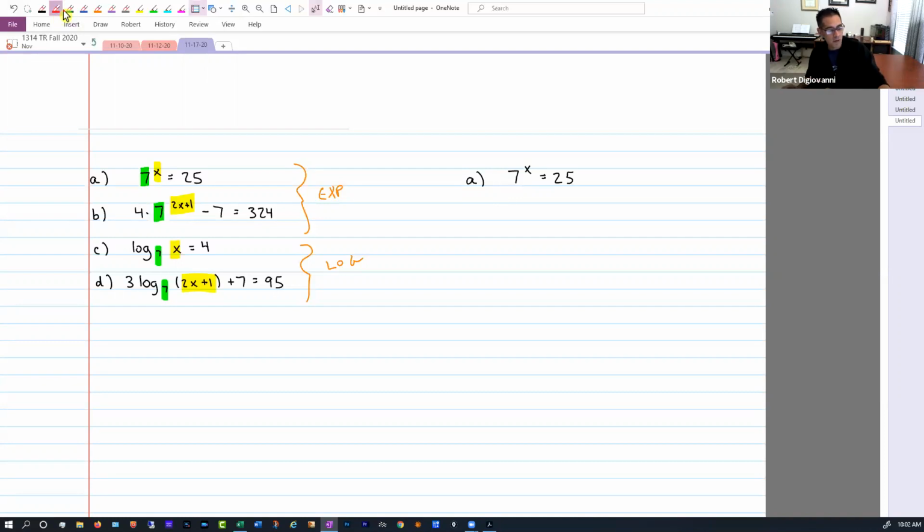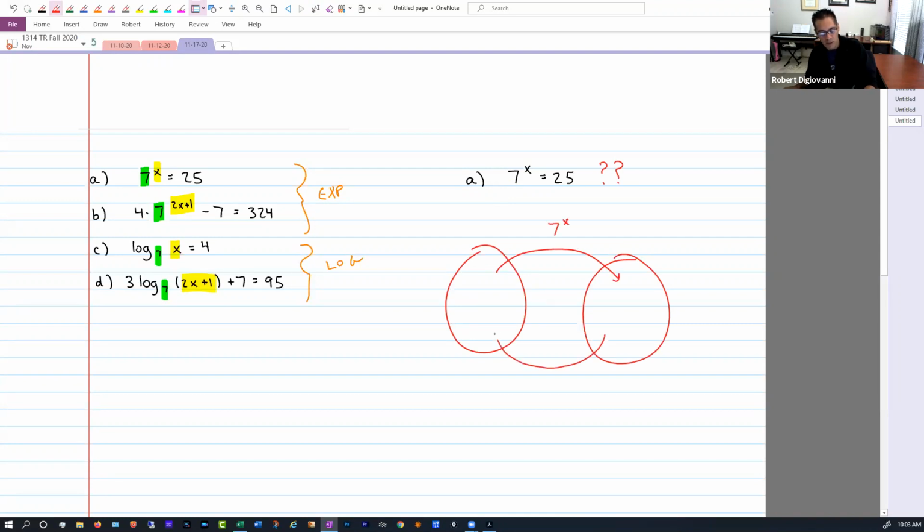I just want everyone to appreciate that right now we don't have any way of doing this unless we can somehow figure out what the inverse function is that takes you back. If I could figure out what that is, that undoes this, then we'd be in business, right? Agreed?